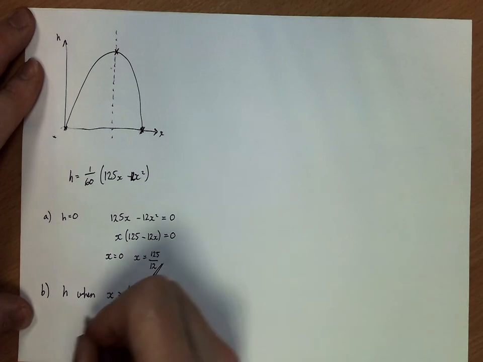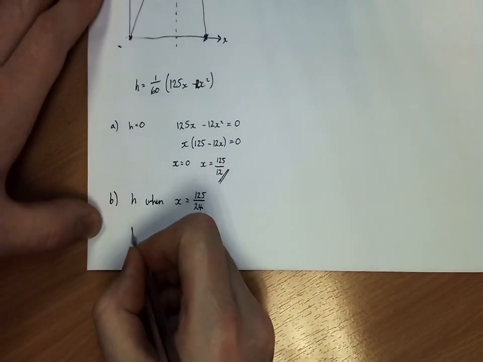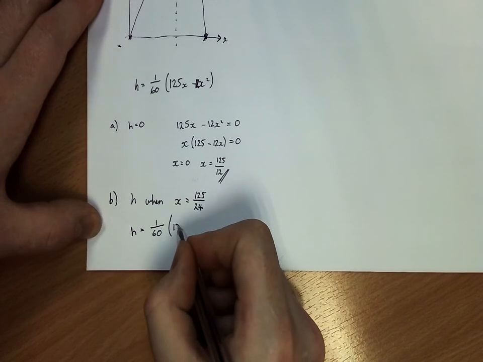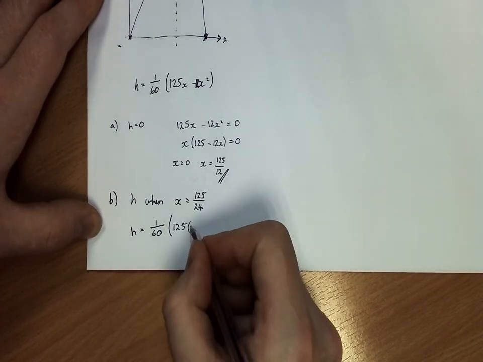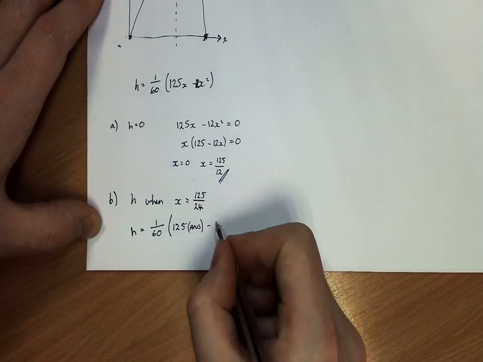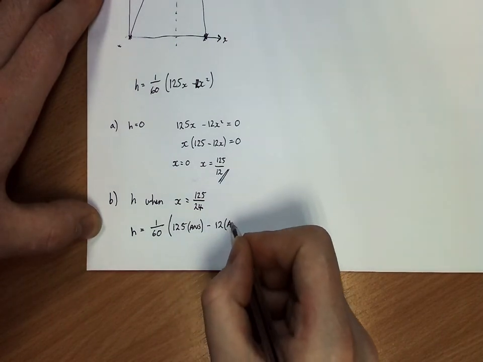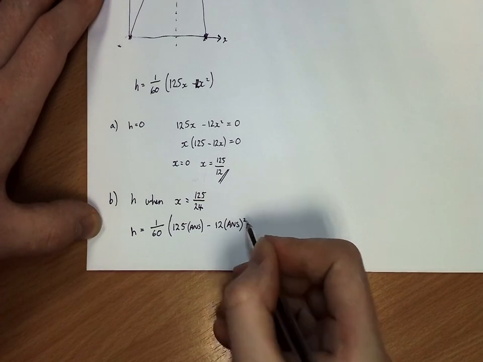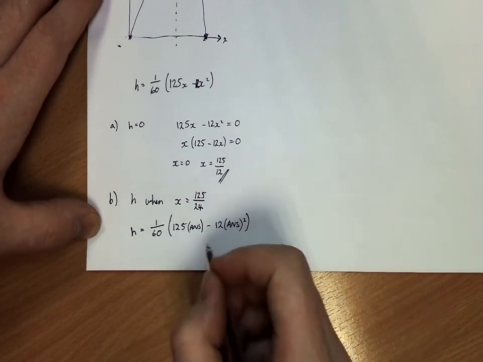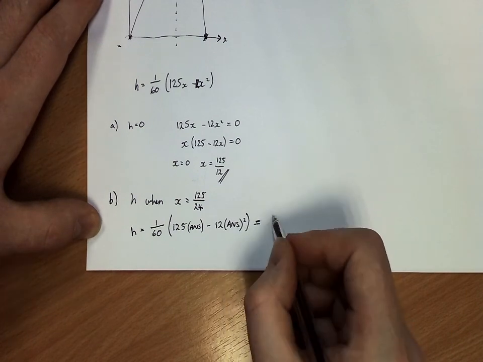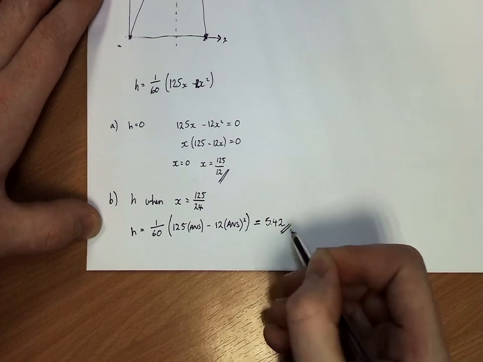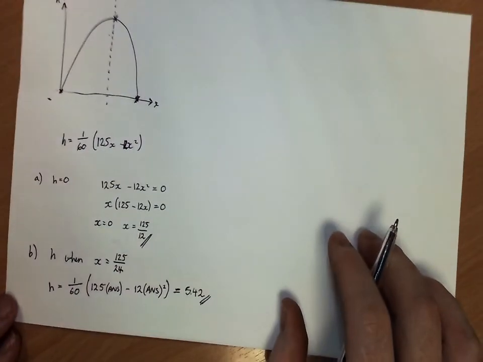So we can then write something along the lines of h equals 1 over 60 (125 times answer minus 12 times answer squared). And assuming this is what is actually stored in the calculator as the answer, you'll get an answer which is 5.42. So that's part A and B done.